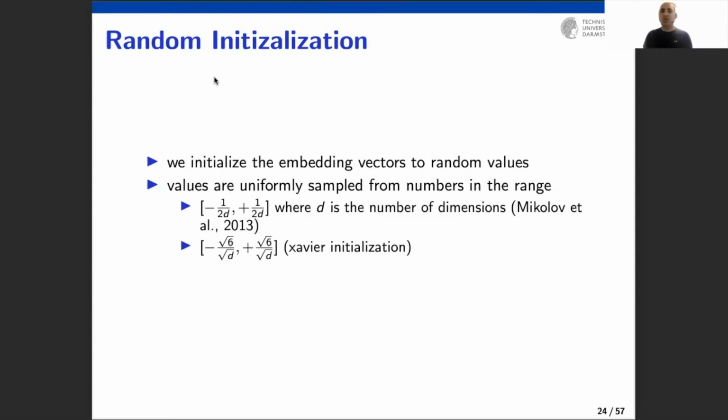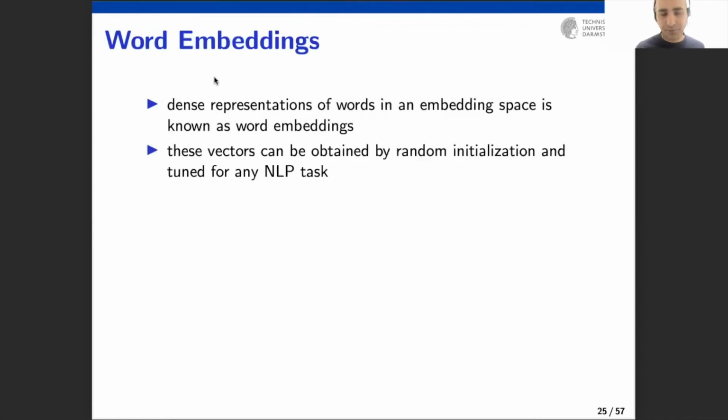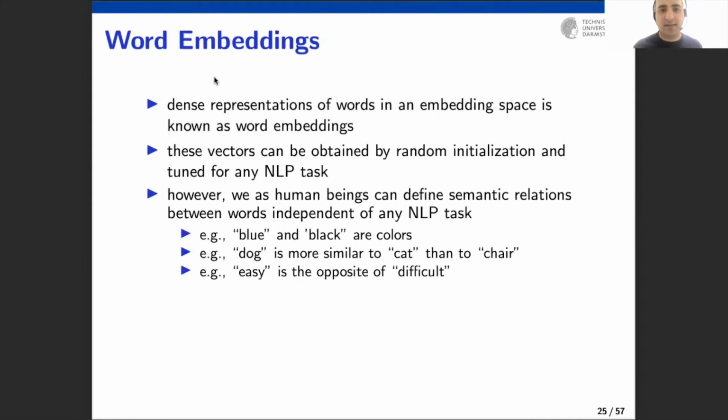These two are just the most common approaches to initialize word vectors randomly, obtained by some experiments and practice. But this is only the initialization step. And after that, we can use these vectors as parameters for any neural models, and we tune these parameters for any NLP task.